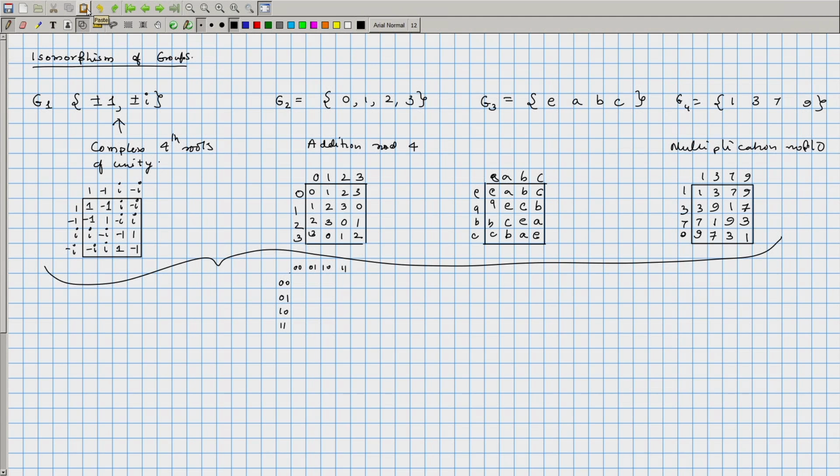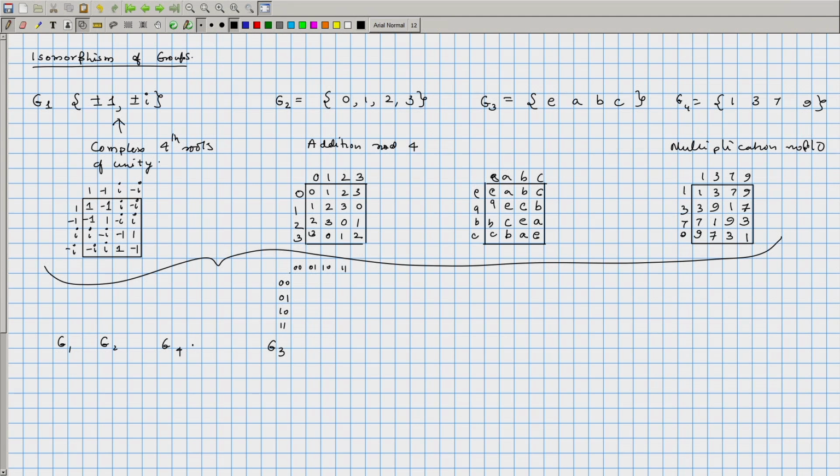So, we will argue that some of these are the same up to renaming and certain others are not. So, these 3 groups G1, G2 and G4 are nothing but renamings of each other, whereas G3 is fundamentally different.